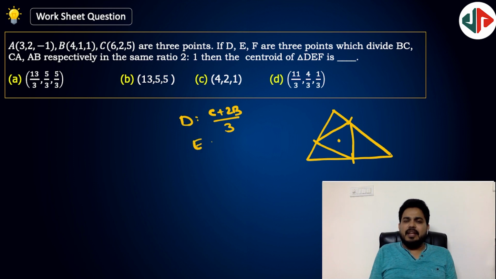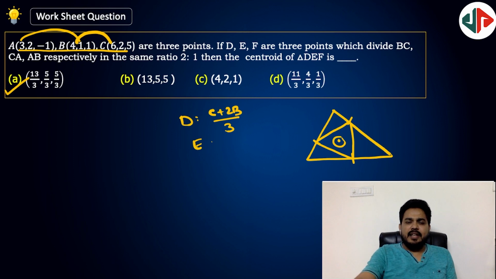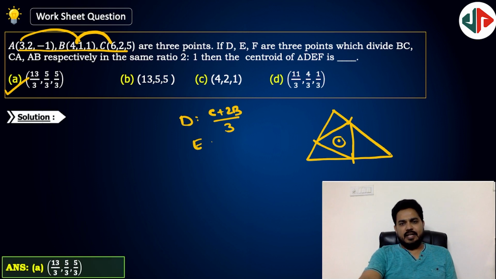E is also similar things will come. So the centroid of the original triangle will be the centroid of DEF. So 3 plus 4, 7 plus 6, 13 by 3. Only one answer is there. A is the correct answer.